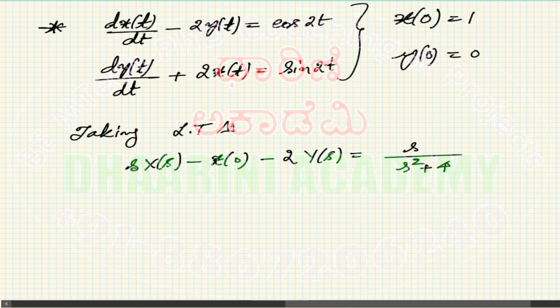All right, then applying the Laplace of the second equation, you get s into Y of s minus y of 0 plus 2 times X of s is equal to the Laplace of sine 2t, so that is 2 divided by s square plus 4.